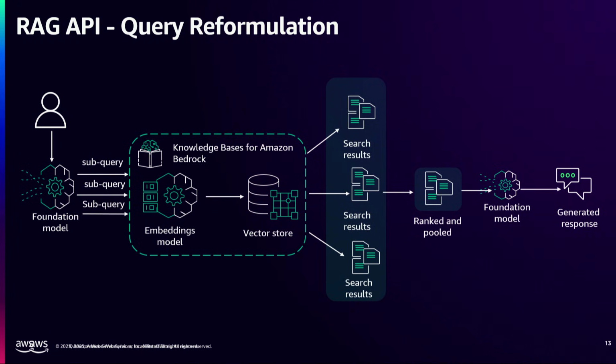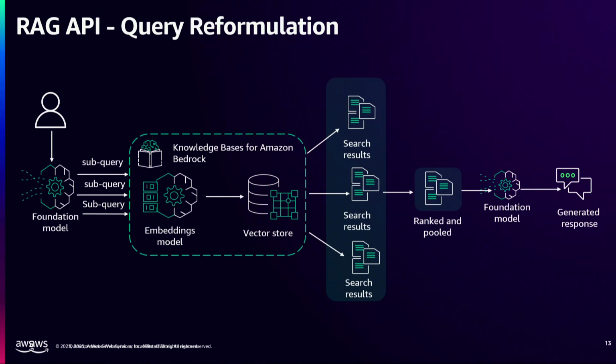And what is query reformulation? Basically, from your usage patterns, you will see that majority of the time the query will have subqueries, or it's a multi-part query, or a complex query. In those cases, that query will be broken down into multiple pieces. Then all the queries would be fired against the vector store.